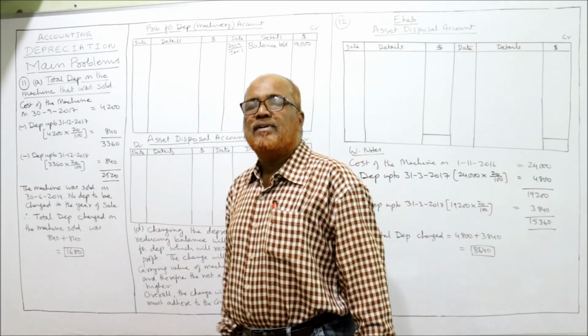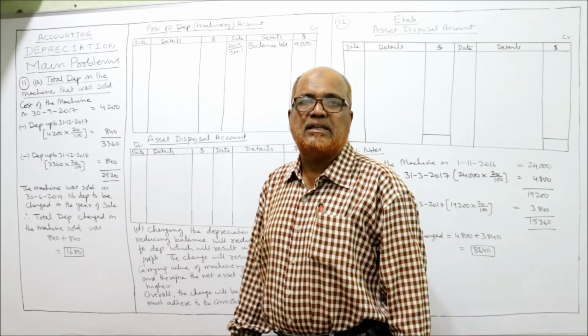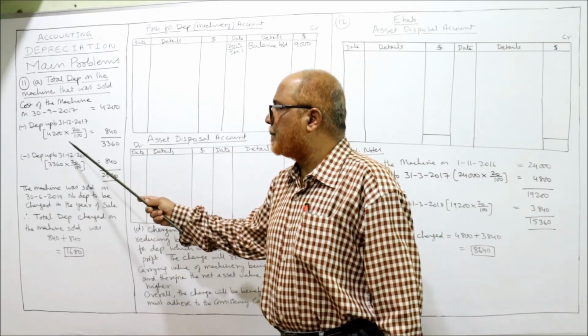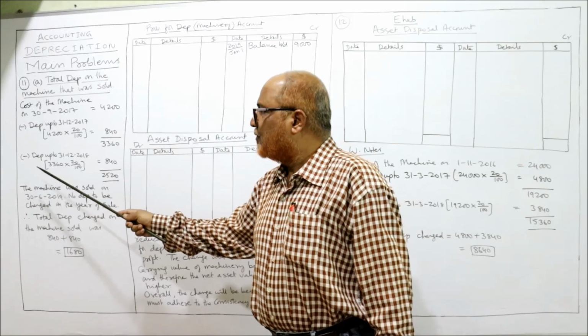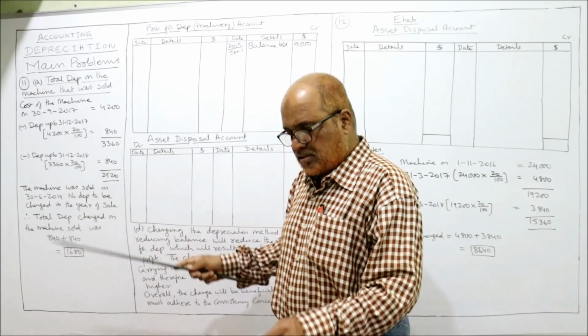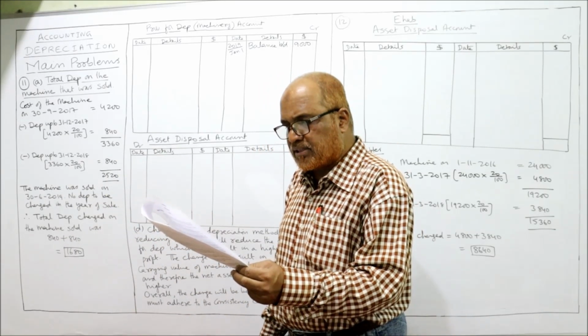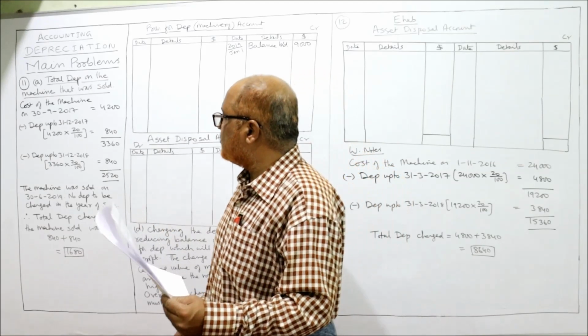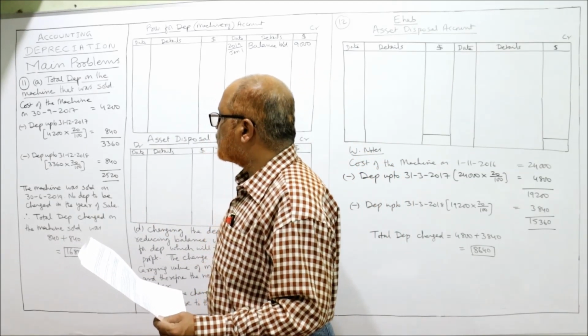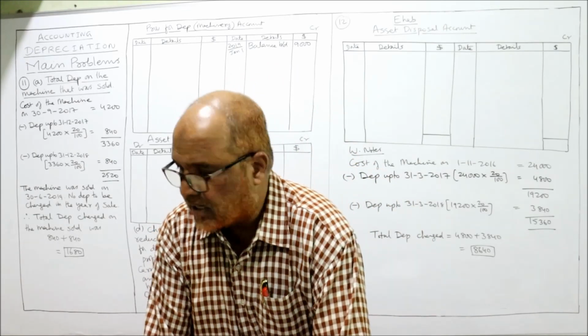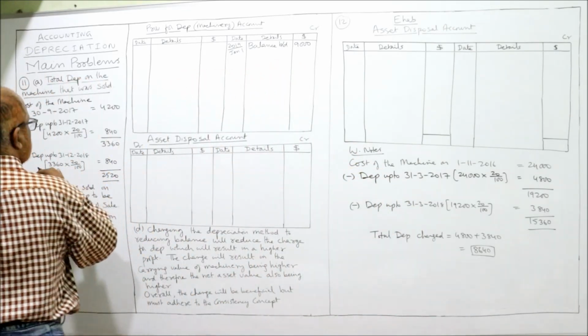Next year, 31st December 2018. Again the same. Is it the reducing balance method or the straight line method? It is the straight line method, so we should not take 3,360.